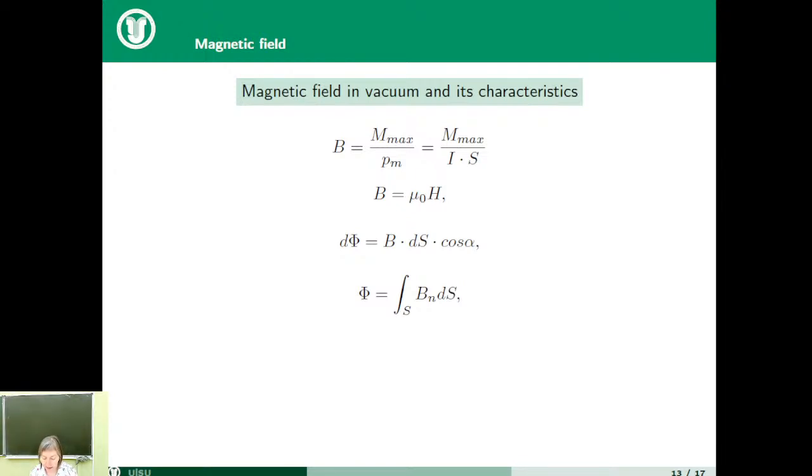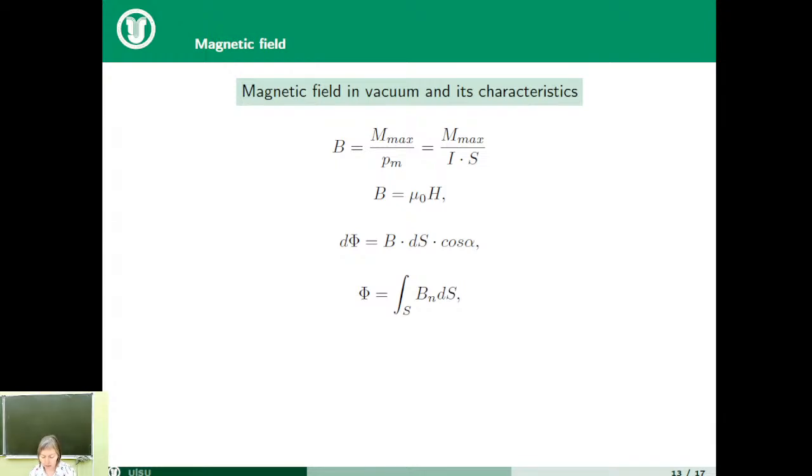Magnetic field intensity, H, is another quantity characteristic of magnetic field. Magnetic field intensity, unlike B, does not depend on magnetic properties.